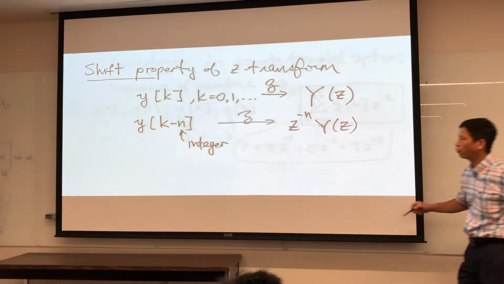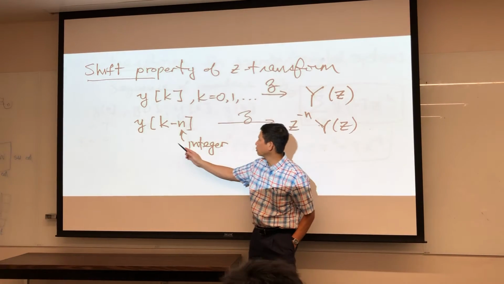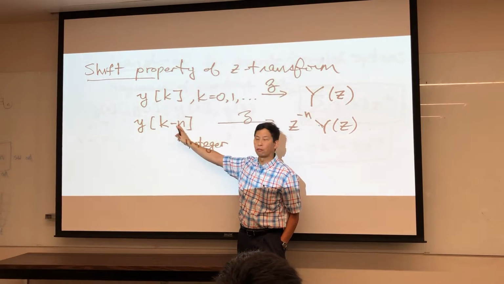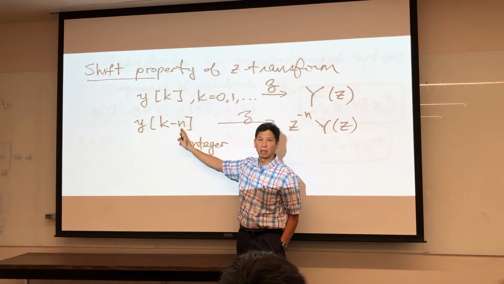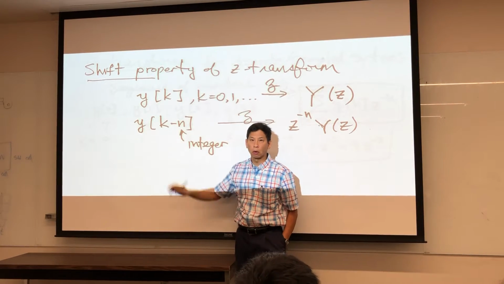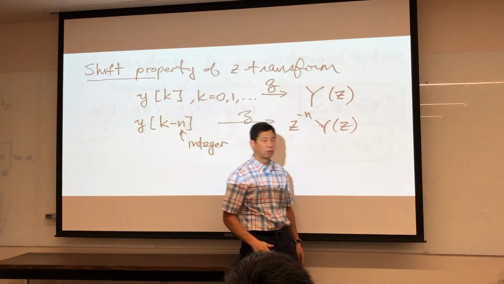And if I shift it forward, this is a backward shift, a delay. If I shift it forward, n could be, for example, a negative number here. Then it's shifting forward in time. This becomes a positive. Okay.